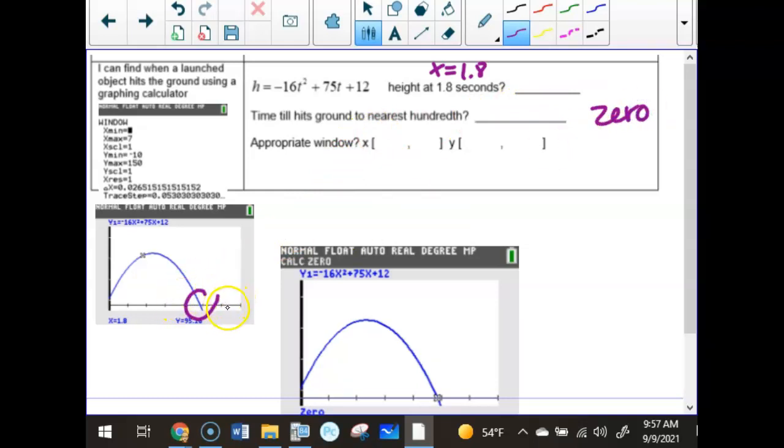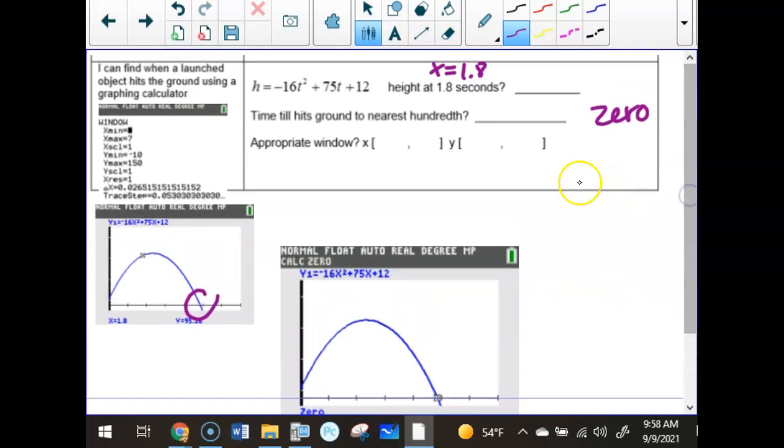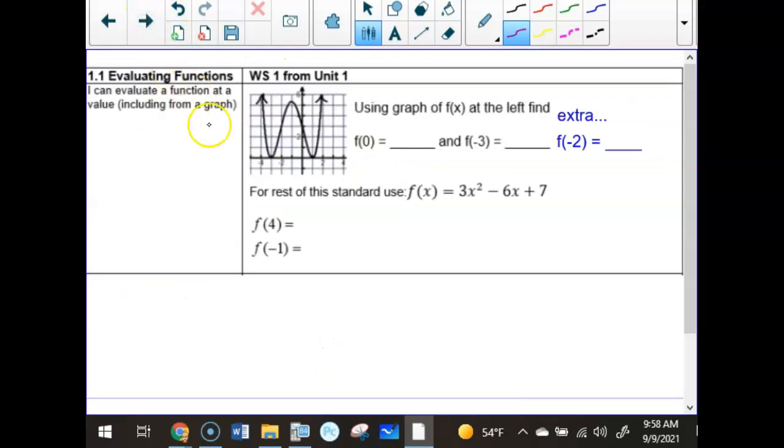Can you have a negative time? No. So you have to find this one, which on this looks like I got 4.84. Do you need me to model that? No one's saying anything. Yes. How many of these do you have on some of the other? 1. Yep, just 1.